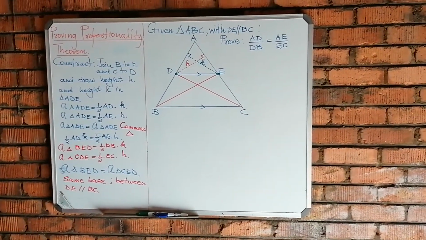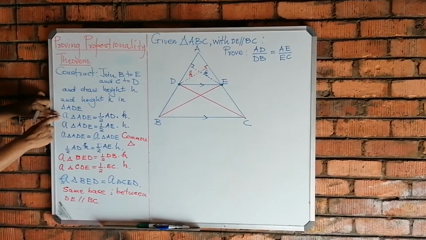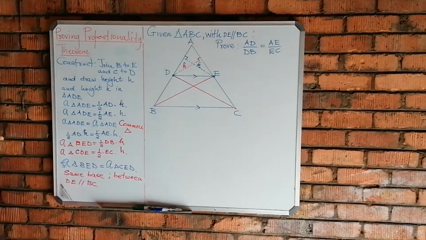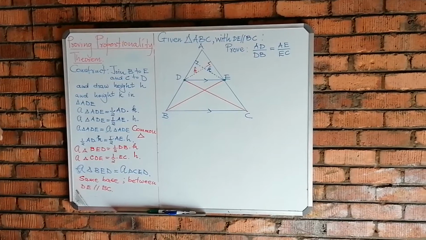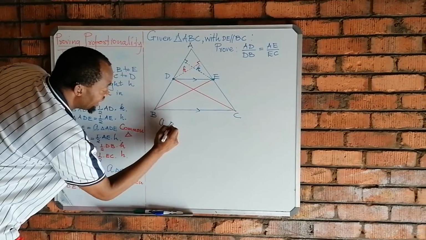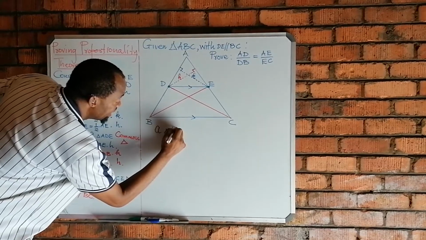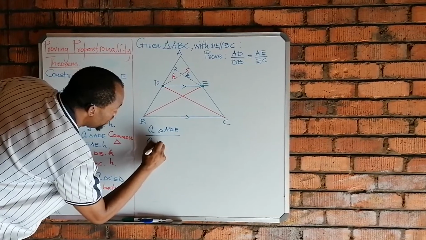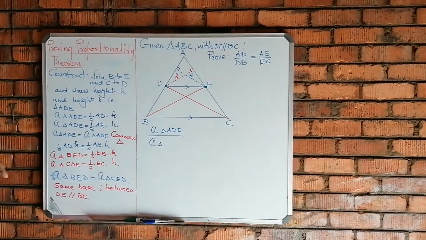Now, in conclusion of this, can you see that triangle ADE with different heights had the same area? Now I can say area of triangle ADE divided by area of triangle BED. I'm taking the top and dividing it by the bottom.